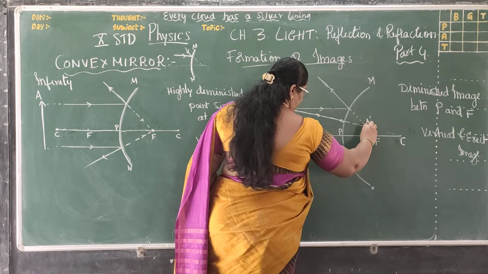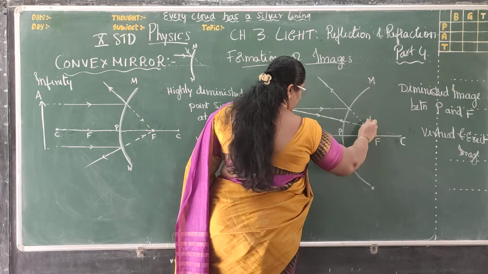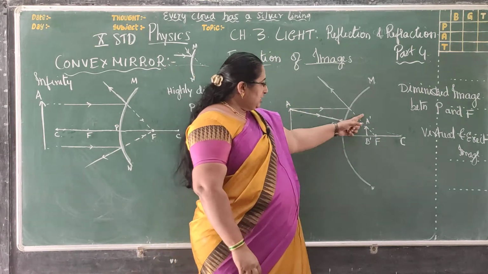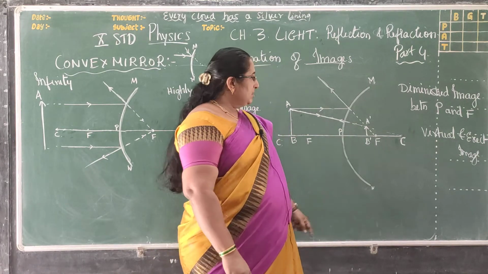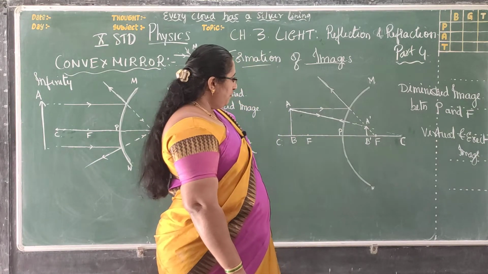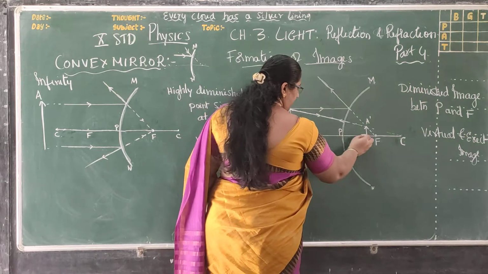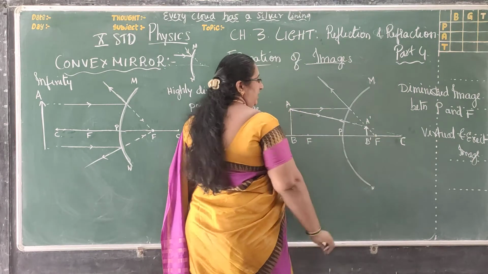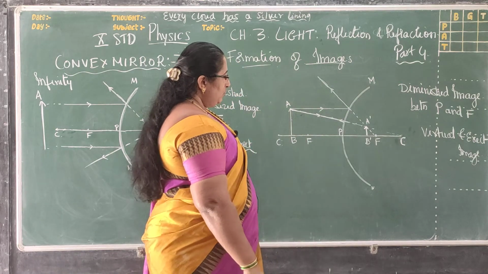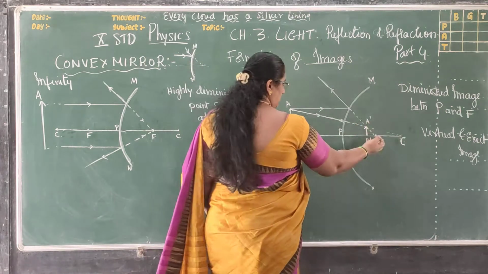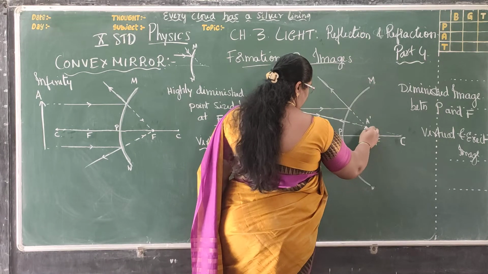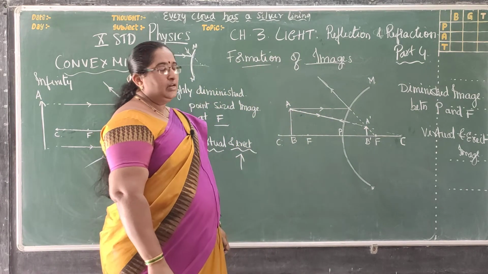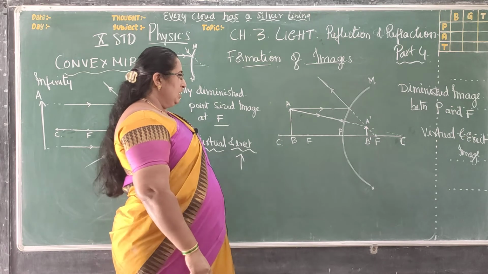The point where the two rays meet is the position of the image. A'B' is the image, and the image is formed between the pole and the focus. You can see it is a diminished image, virtual and erect, because the image is formed behind the mirror, and you can see the image is upright.